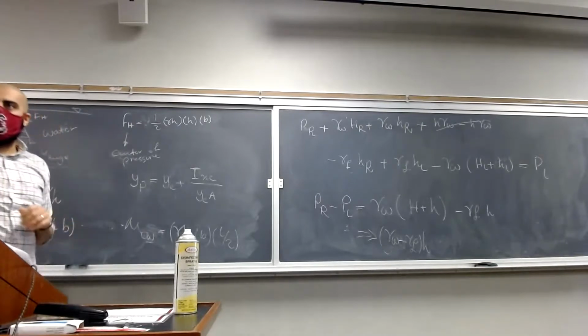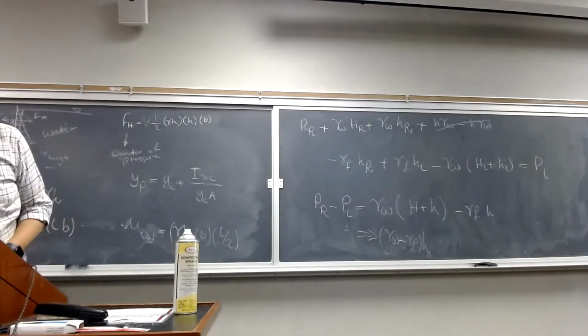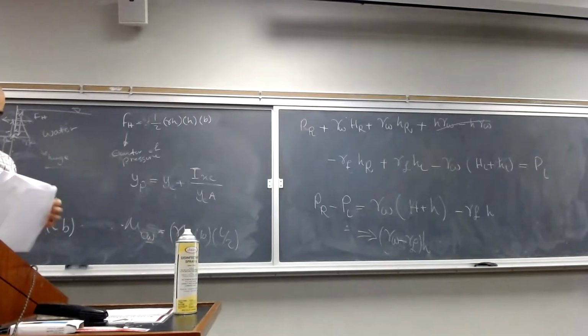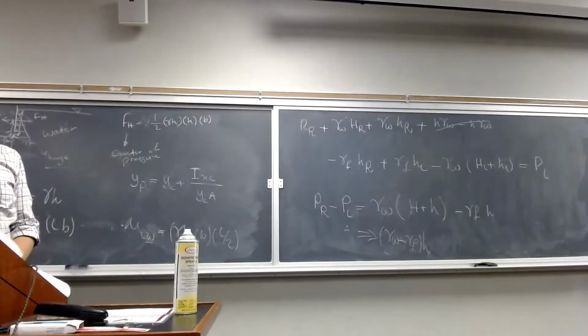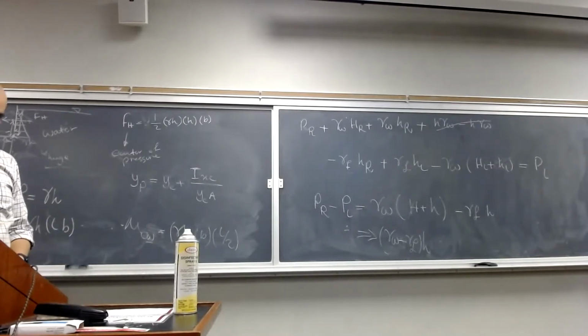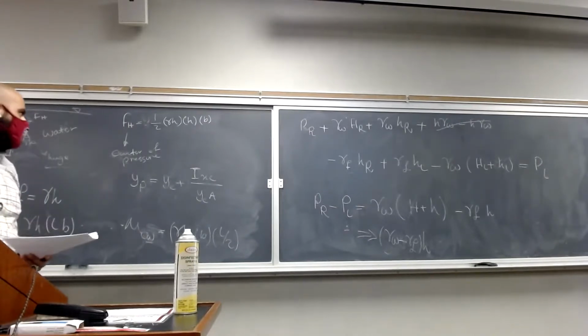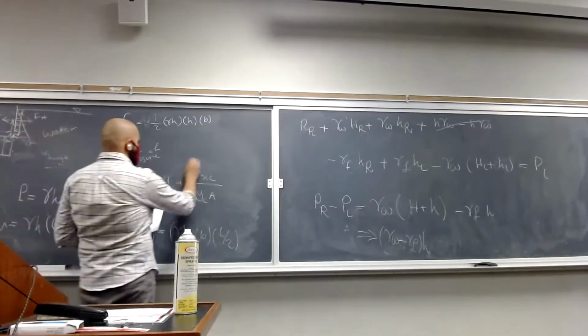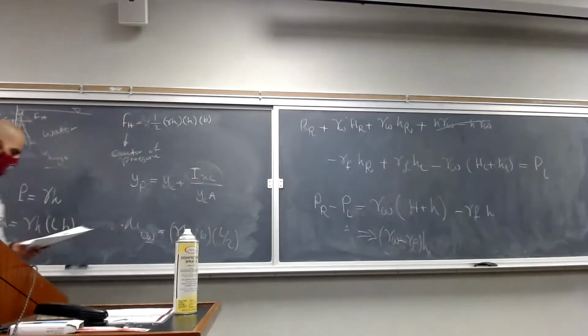Does anybody remember what was the moment of inertia of a rectangle? No one? That's b h cubed over 12, right? Exactly. But you don't need to memorize this. You can just go back to the formulas you have and find this.